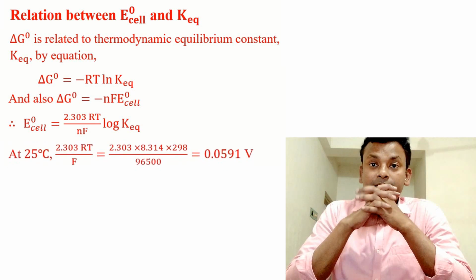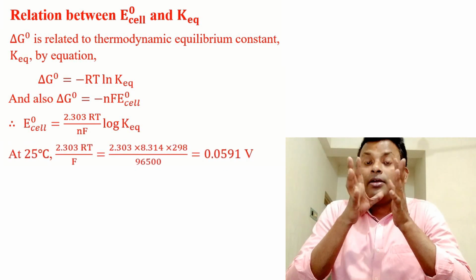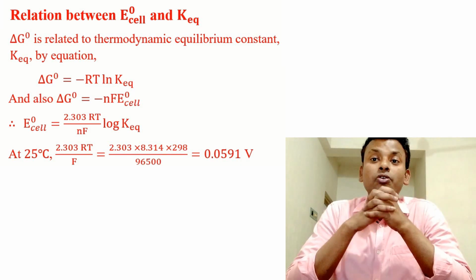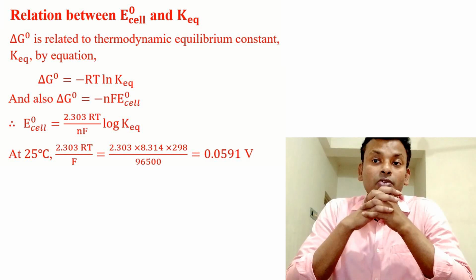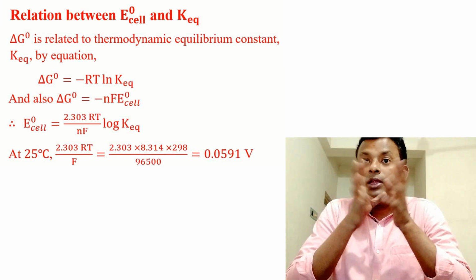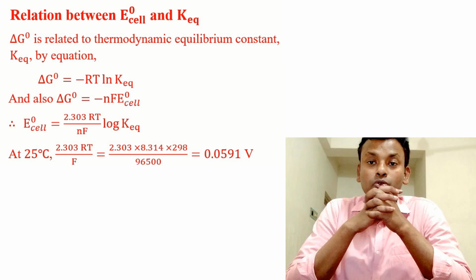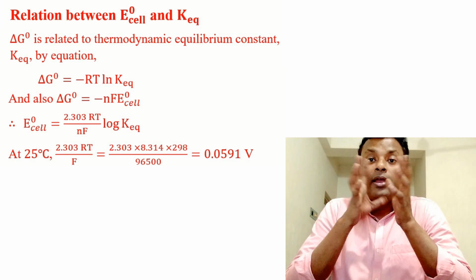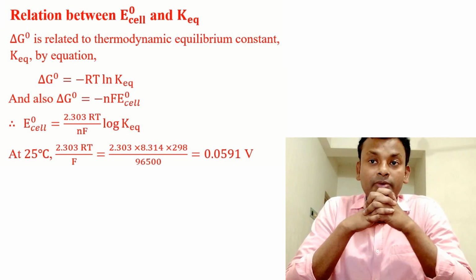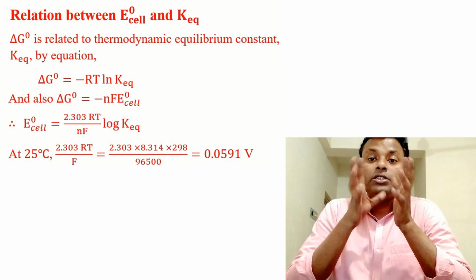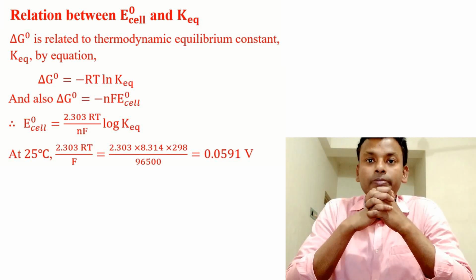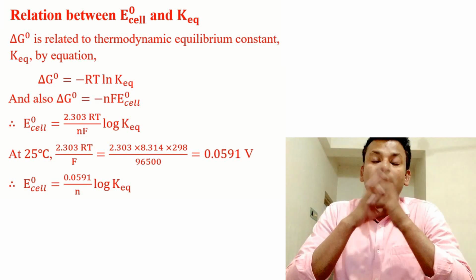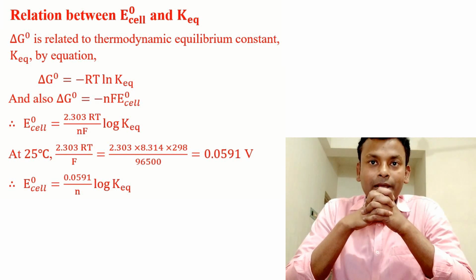At 25 degrees centigrade, meaning standard temperature, the value of 2.303 RT by F equals 0.0591 volt. Here R equals 8.314, temperature T equals 298 Kelvin, and Faraday equals 96,500. Therefore E0 cell equals 0.0591 by n log K equilibrium.